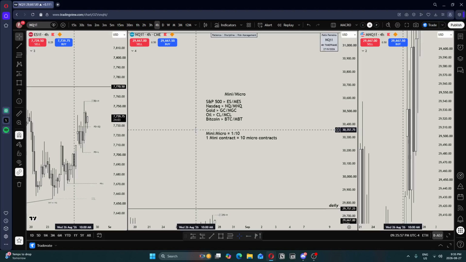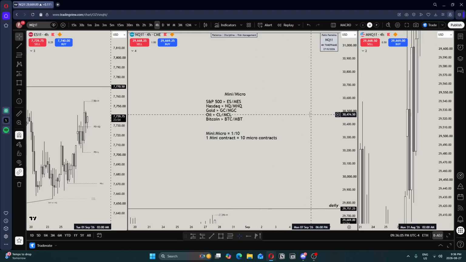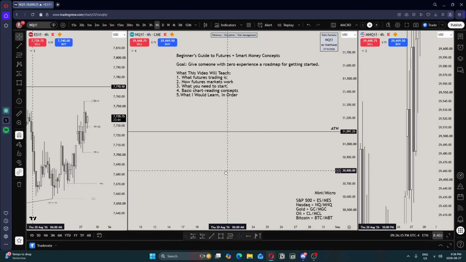Gold is GC, MGC for the micro. Oil is CL, MCL for the micro. Bitcoin is BTC and MBT for the micro contract. Not much else to say about this.